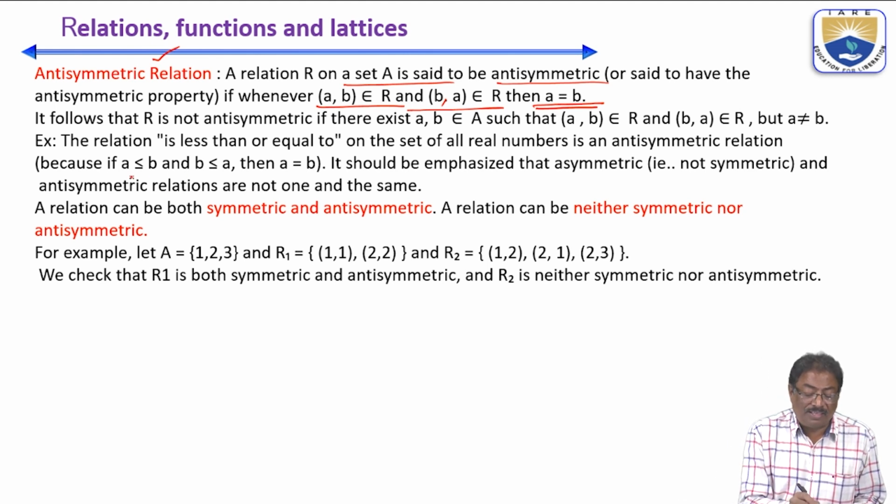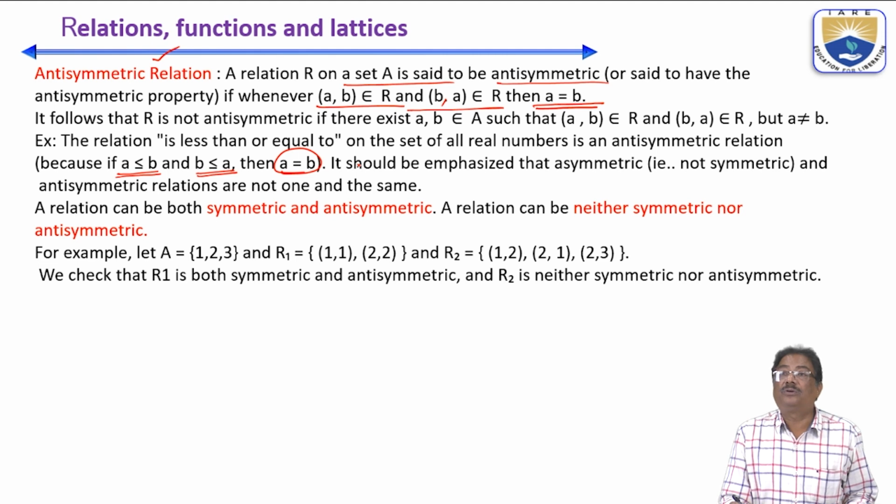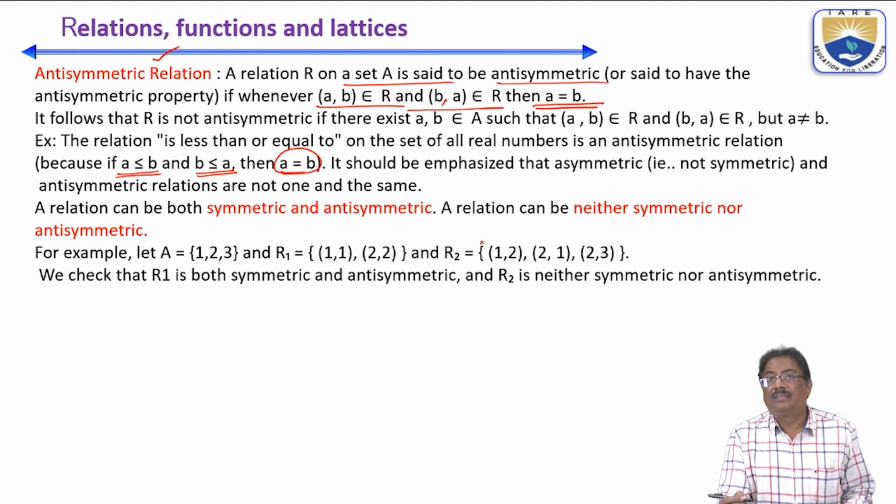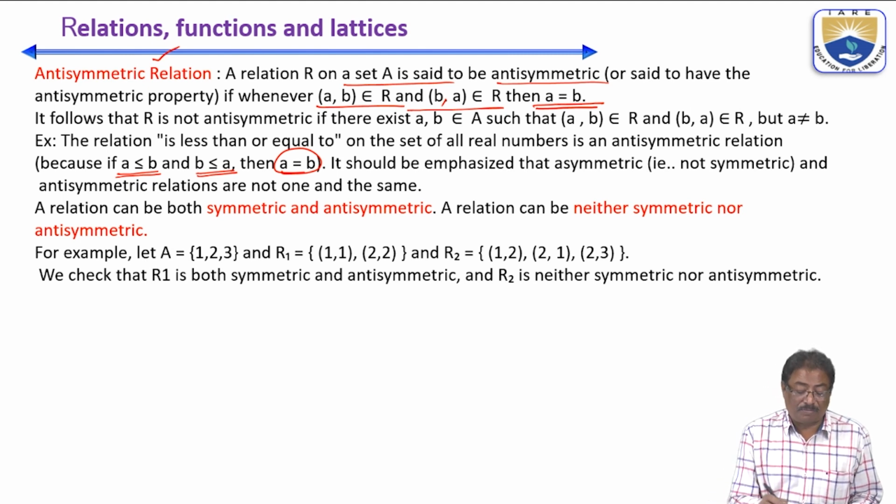Suppose less than or equal to is the relation. If a is less than or equal to b and b is less than or equal to a, then both are in R, and we verify whether a equals b or not. Whenever they are equal, we say it is an antisymmetric relation. Otherwise, it is not antisymmetric.